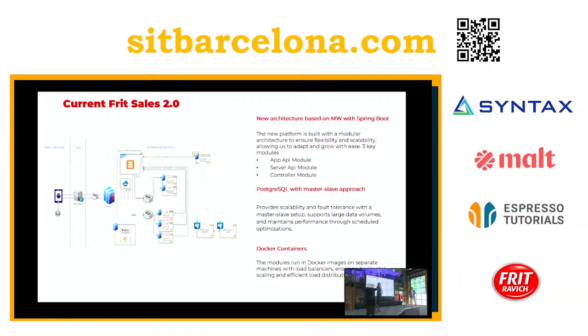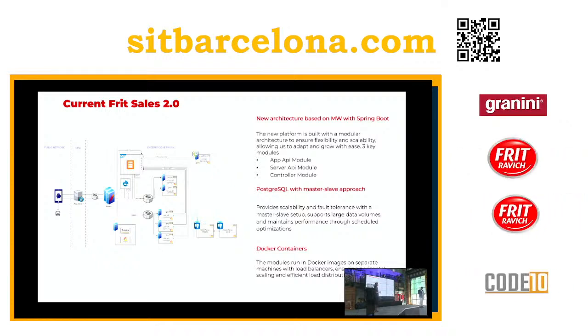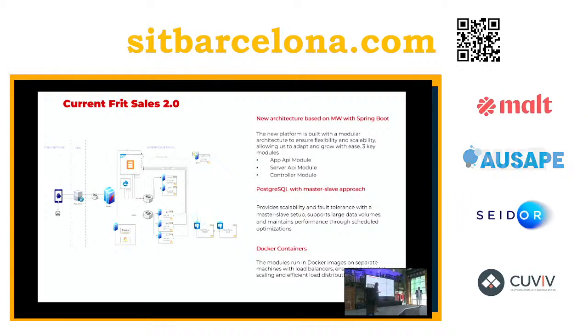We replaced the cache database with PostgreSQL, which can handle more data, stay fast with regular optimizations, and grow easily using a master-slave setup. All these modules run in Docker containers on separate machines, allowing efficient scaling and balanced system loads.